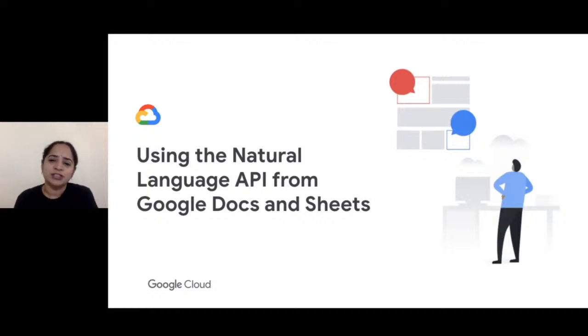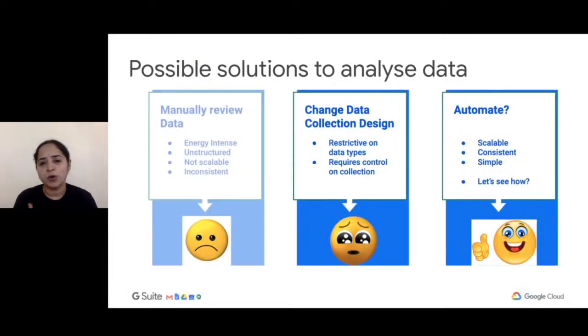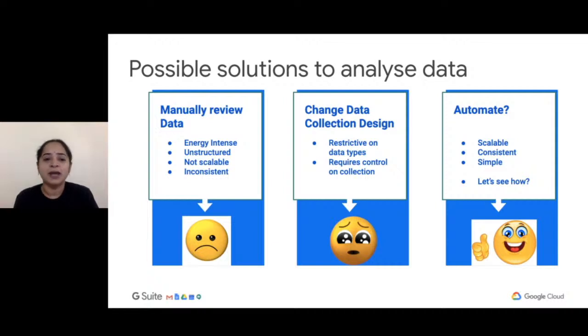First and foremost, let's see how we analyze the sentiment of a text in a normal scenario. Some possible solutions include the basic one, where we manually review the data. If there's a document or different rows in a spreadsheet, we go through every line and every sentence and capture the sentiment, or go through every row in a sheet and understand whether it's a positive statement or a negative survey.